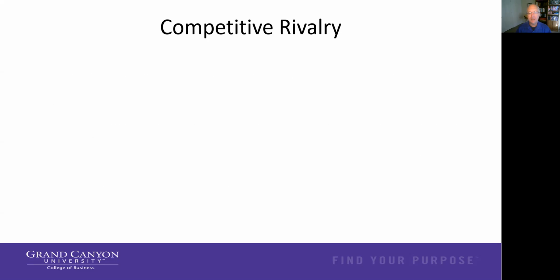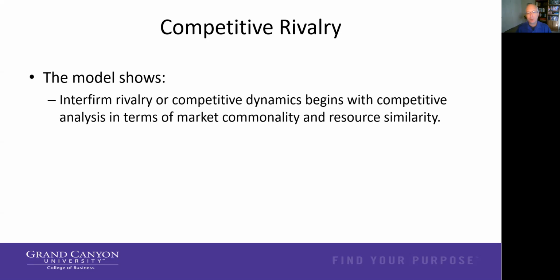If we view the model of competitive rivalry, it leads us to a number of observations. The model shows that interfirm rivalry or competitive dynamics begins with competitor analysis in terms of market commonality and resource similarity.